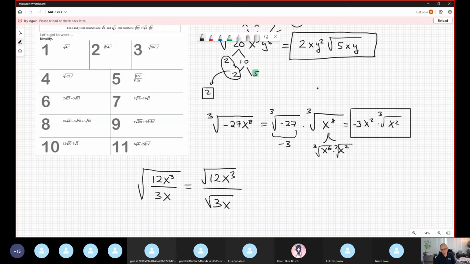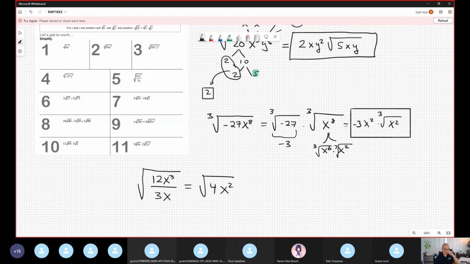It is equivalent, it's okay, but not convenient. So you dedicate 1 second to see if it's possible to simplify inside the radical. Of course it's possible, because 12 divided by 3 is 4, and x cubed divided by x is x squared.